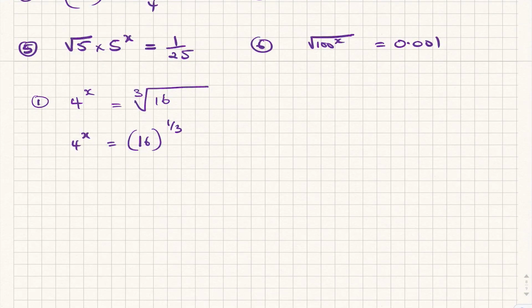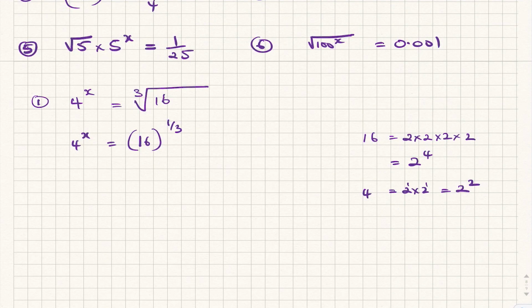But 16 can be written as 2 times 2 times 2 times 2. So that would be 2 to the power of 4. And I can also write 4 as 2 times 2. That would be 2 to the power of 2.